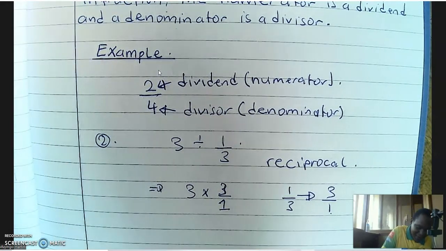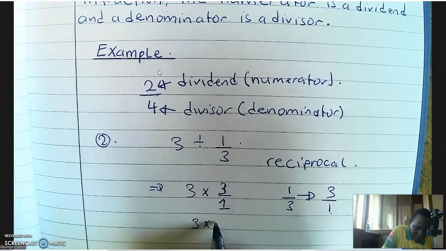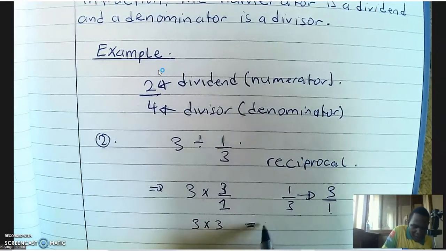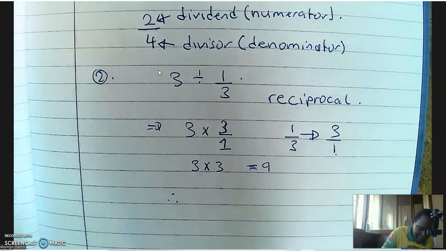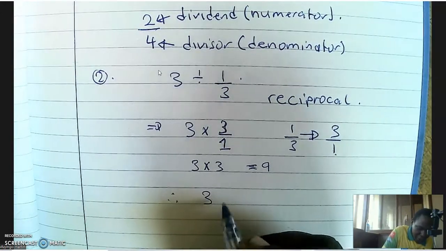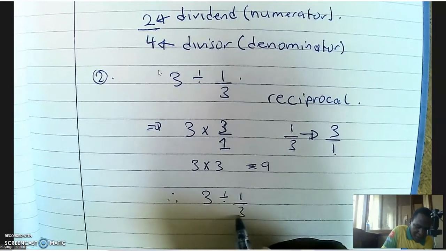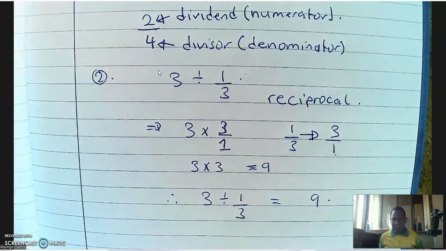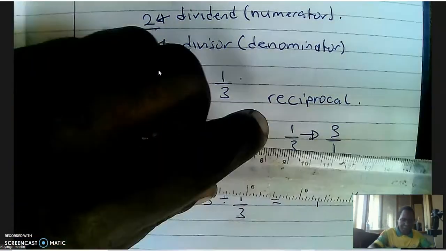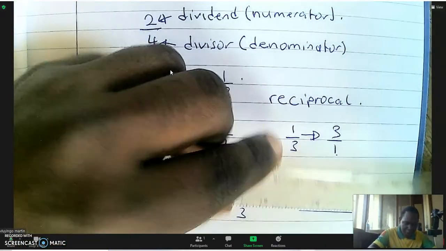The answer of this question will become 3 times 3, which is 9. Therefore, 3 divided by 1 out of 3 is 9. I hope we have understood how we got our 9.